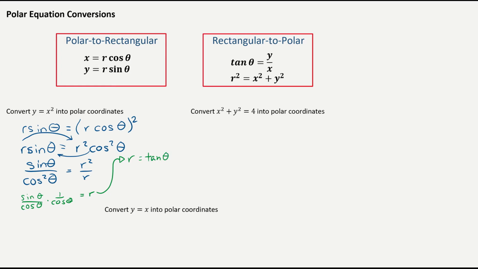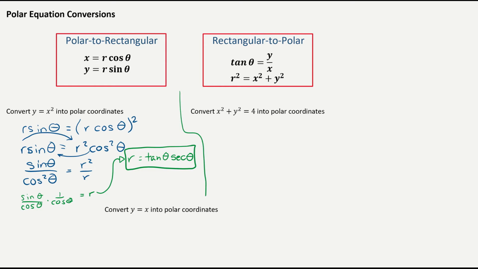And then 1 over cosine? Well, that's just secant theta. So to graph a parabola in polar equations, you're going to do tan theta times secant theta. So sometimes you're a little creative when you're doing these conversions. It's not always straightforward, and you have to know your trigonometry pretty well to have success with it.